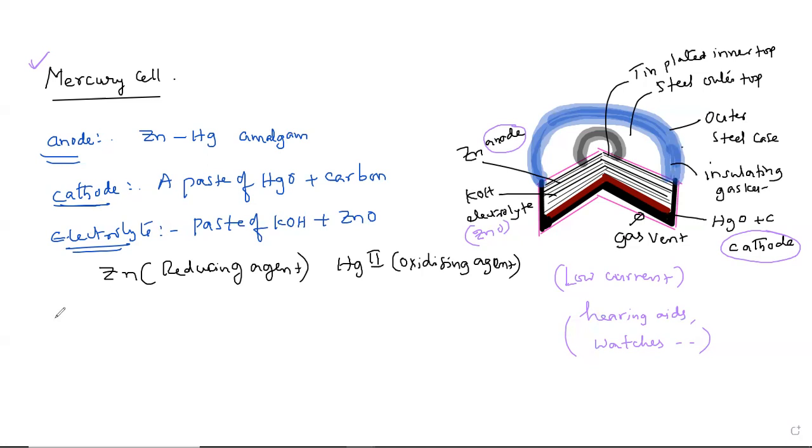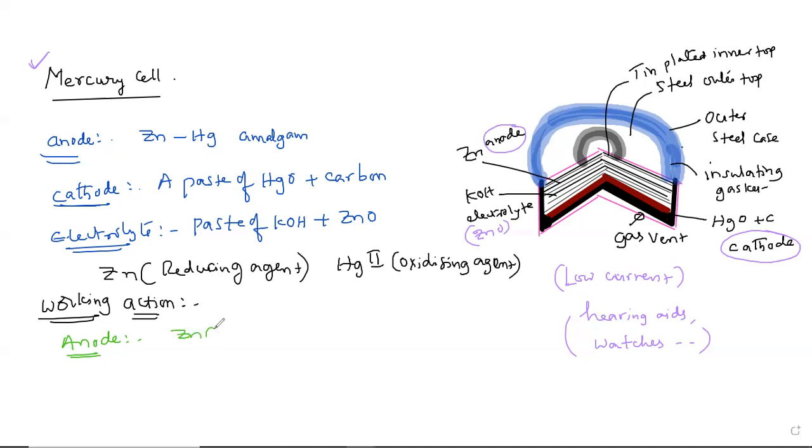Now let us see its working action. The working action at the anode is important to show that zinc is undergoing oxidation.